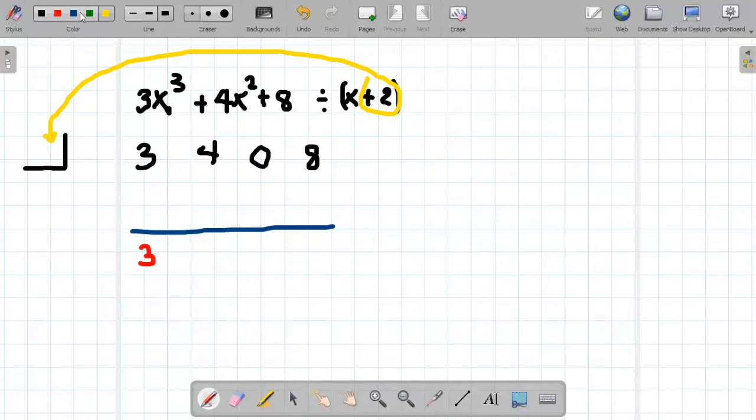But when we place it there, we take the opposite sign. So, our divisor is x plus 2.